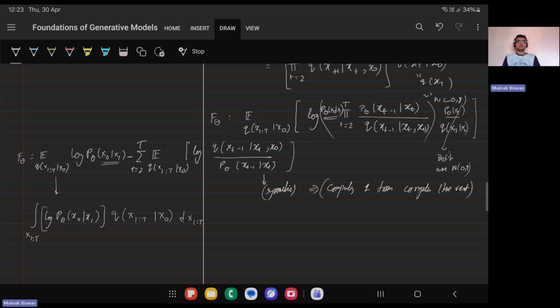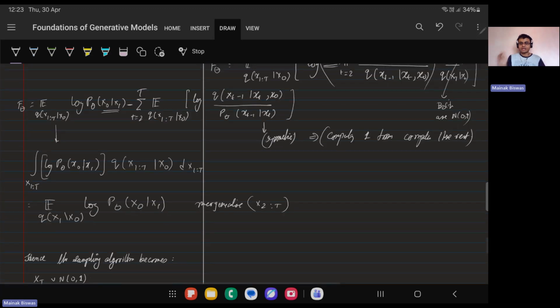So if it only depends on x0 and x1, what I can do is marginalize out x2 to t, and I'll get the expected value over q of x1 given x0 of log of p theta of x0 given x1.